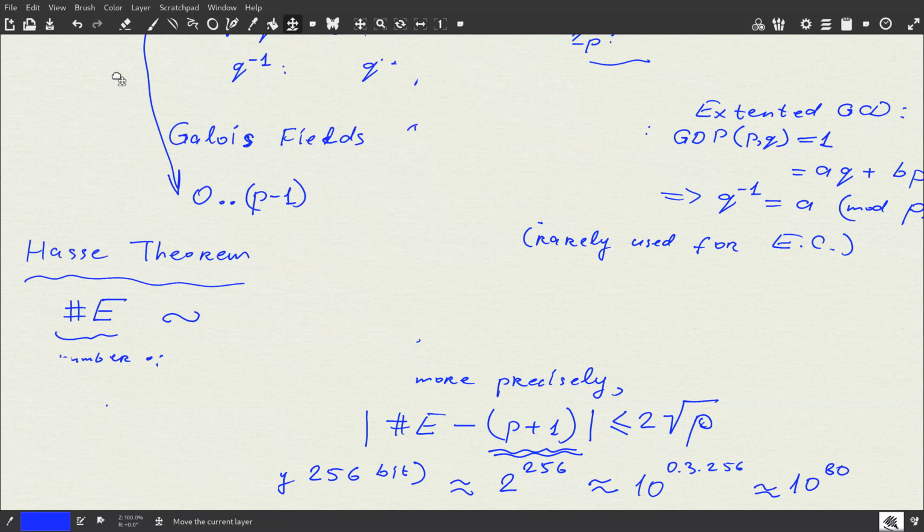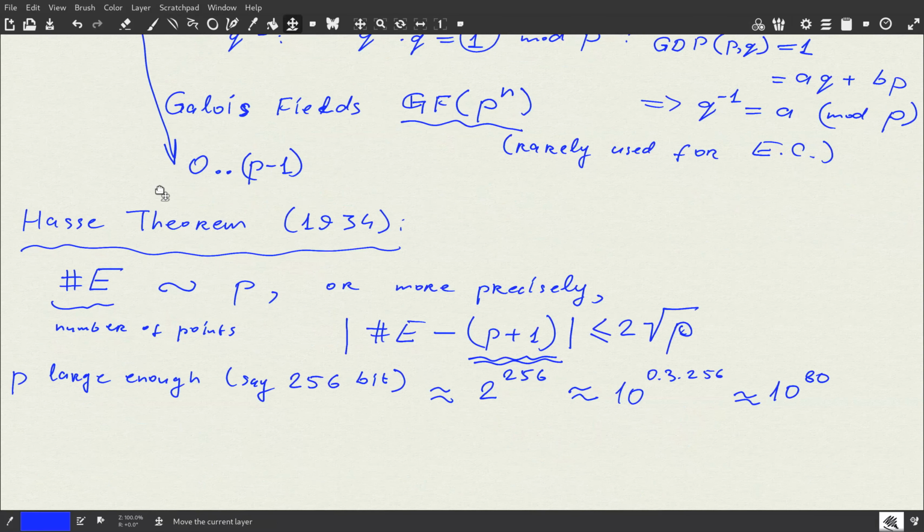With the current state of technology, we say for cryptographic purposes, for digital signatures, for example, any number of points which is greater than, let's say, 10 to the power 60 is perfectly okay.